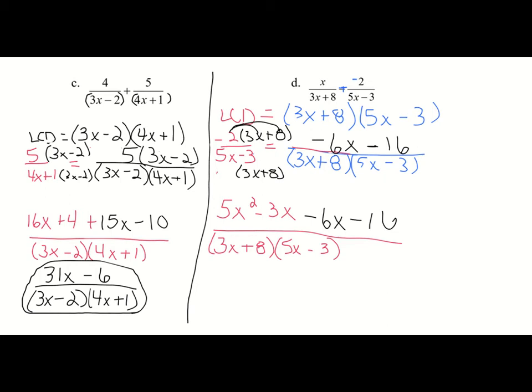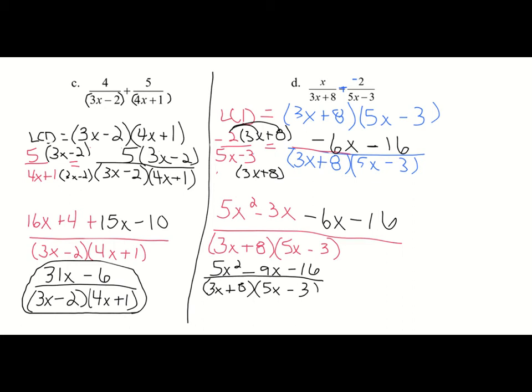So let's go ahead and simplify this. And it's going to give me 5x squared minus 9x minus 16 over 3x plus 8 and 5x minus 3.